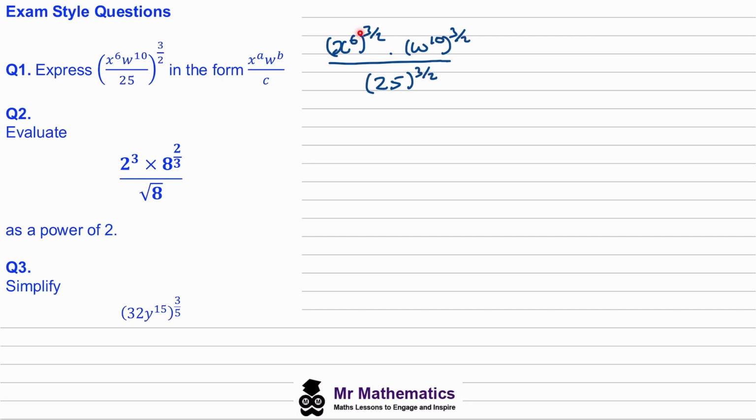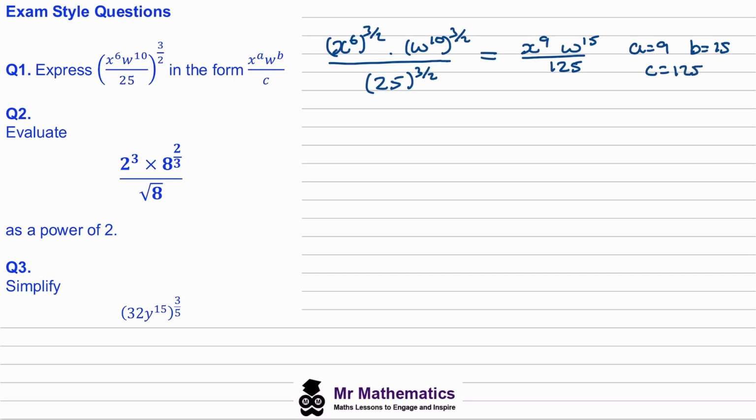So 6 times 3 over 2 will give us x to the 9. 10 times 3 over 2 will give us w to the 15. And the square root of 25 is 5. And 5 cubed is 125. So we know that A will equal 9, B will equal 15, and C will be 125.